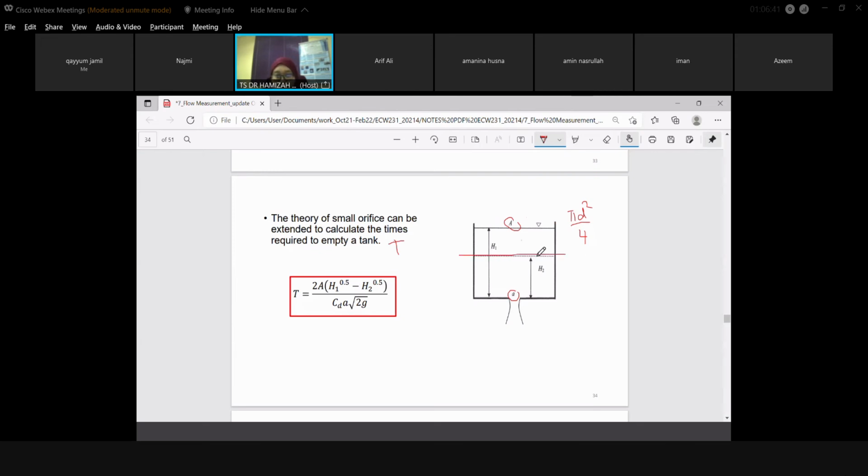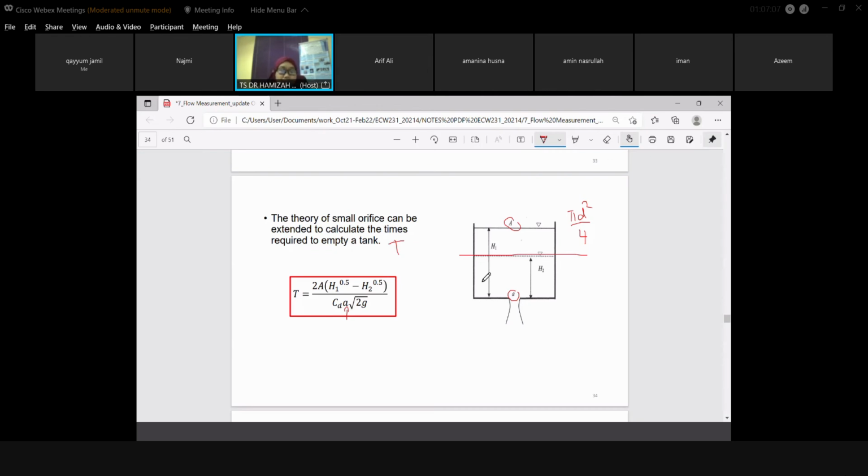Okay, so H2 is the final elevation of the tank, H2 to the power of 0.5, and then CD times the area of the orifice here, multiplied by square root 2g.